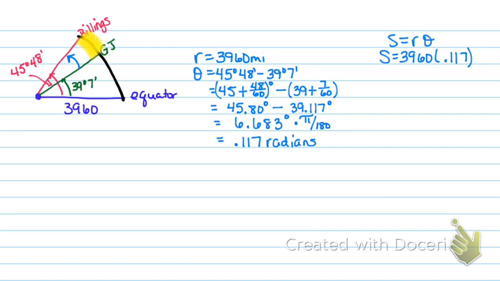So I am going to use my rounded value. If you use the exact value, our answer should be close, but it's not going to be exactly the same. And so I find that my arc length then is 463.32, and we need to label it. It's a length, so it's going to be in miles. And that right there is the distance between Billings, Montana, and Grand Junction, Colorado.